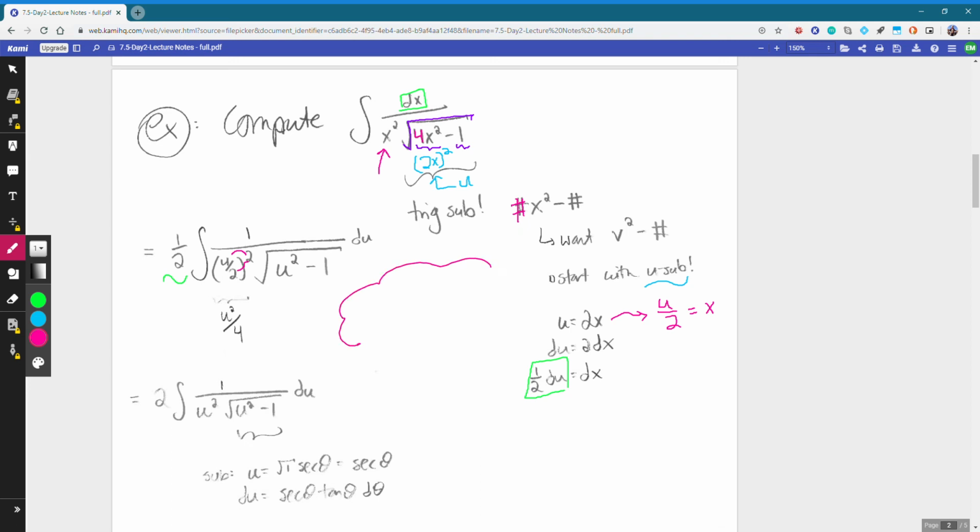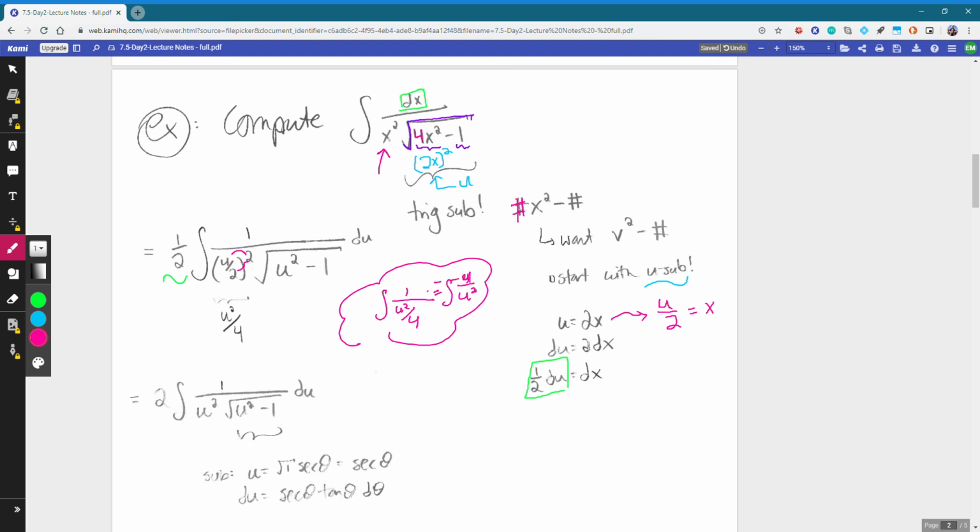Essentially, right here, forgetting about the square root bit, we essentially have 1 over u squared over 4. And so we have a fraction in the denominator. If we flip and multiply, that will give us 4 over the u squared.